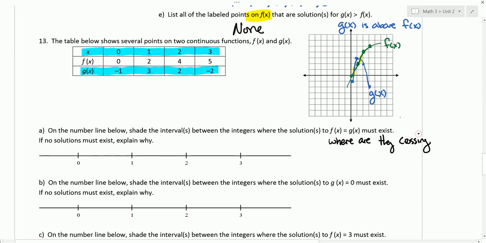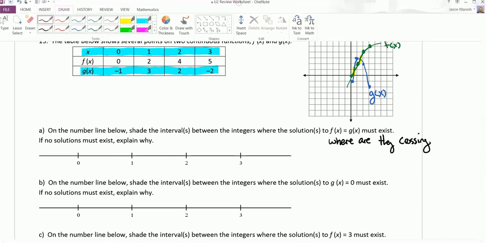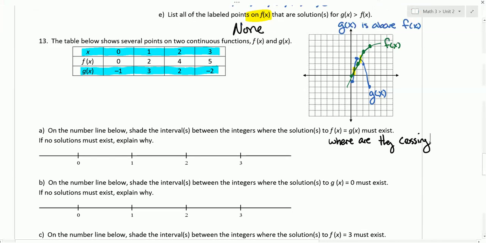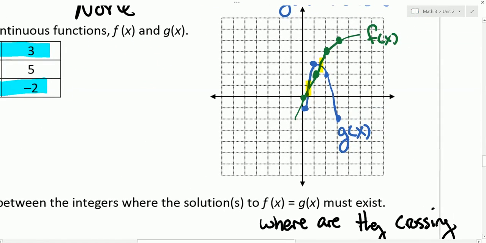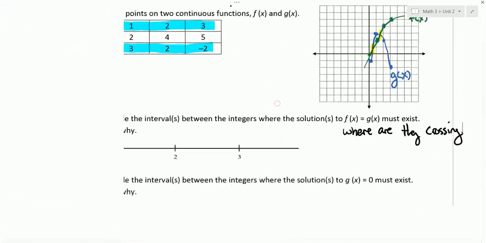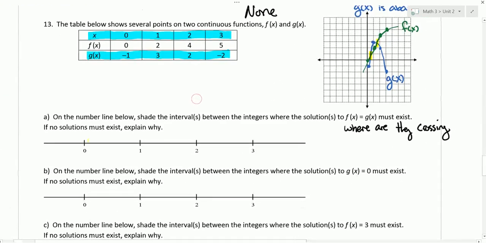Okay, and we're going to shade where we think they're crossing. So we said the first crossing is between 0 and 1 somewhere on the x-axis. So I'm going to shade between 0 and 1.